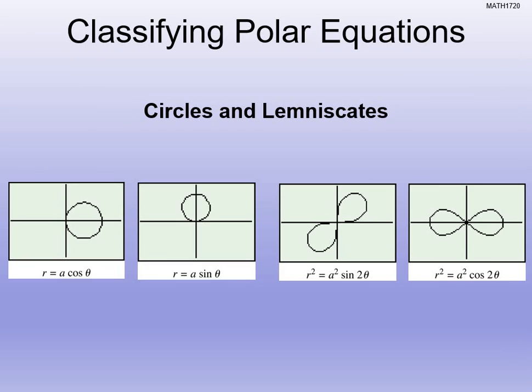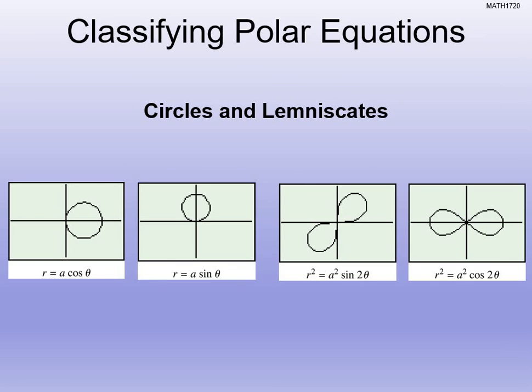That should make sense, right? Cosine is a horizontal component, so that circle is going to sit on the horizontal axis. Sine is a vertical component, so r equals a sine theta should sit on the vertical axis. And then the last two on the right, those are lemniscates. It depends on whether we have one in terms of cosine.